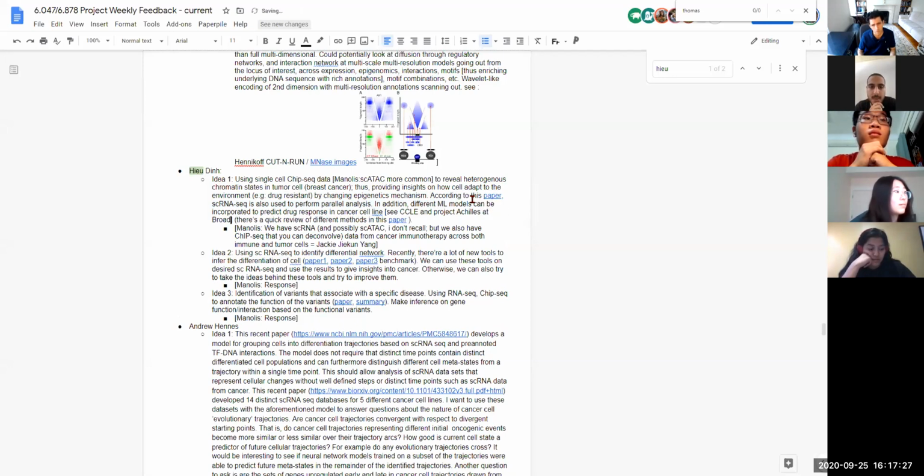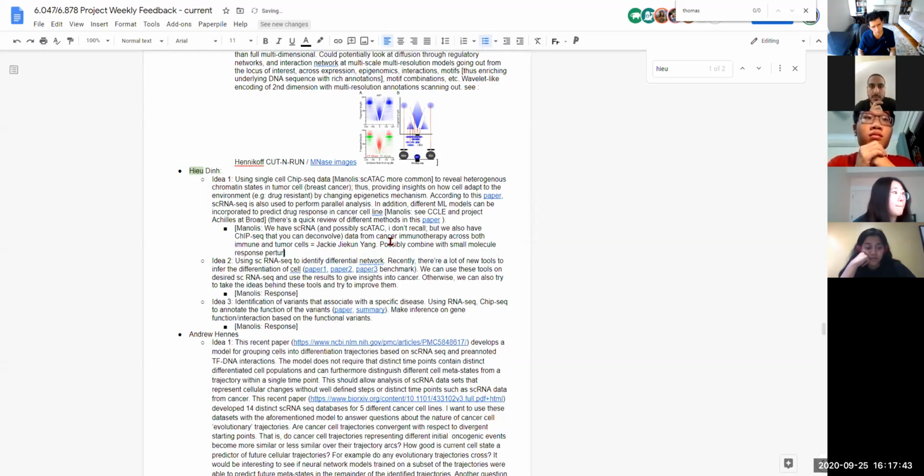Code. Possibly combine with small molecule response perturbations for different melanoma cell lines. So does that make sense here? I'm not sure how to combine with the response perturbation.